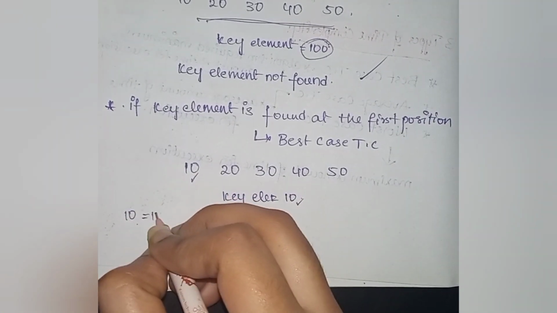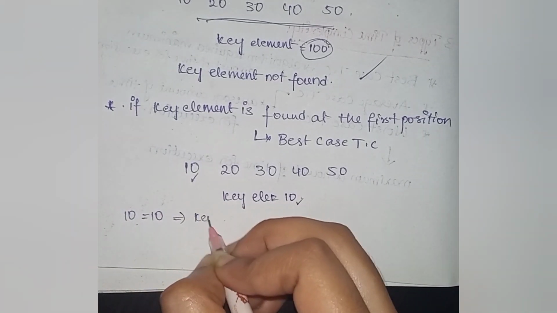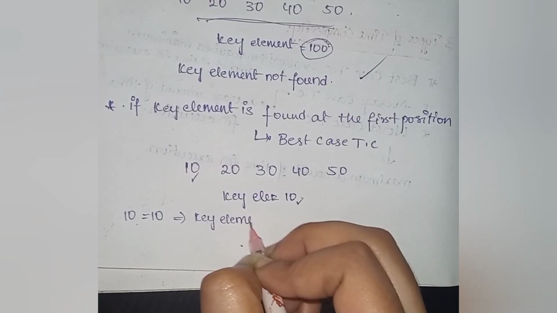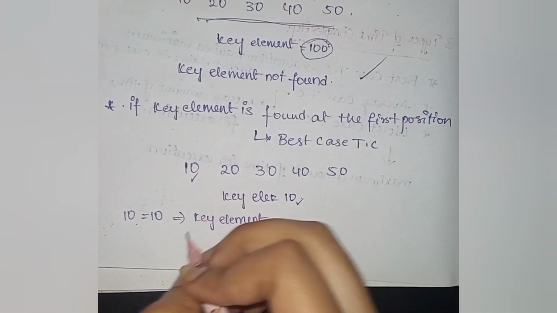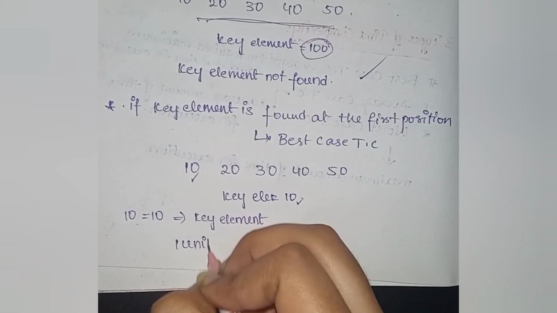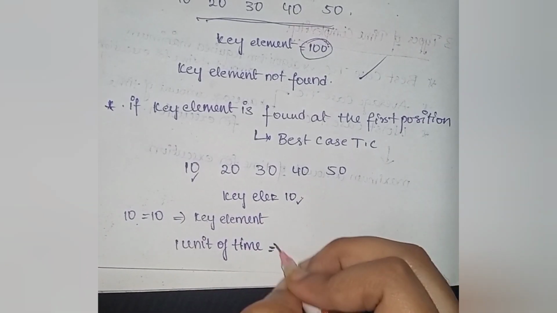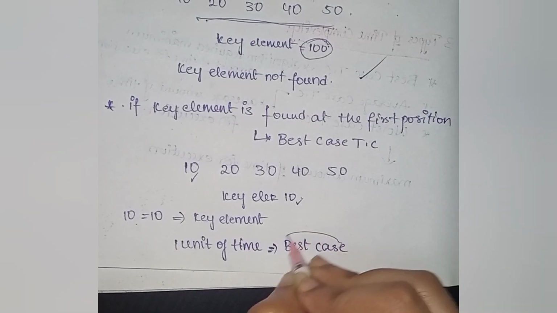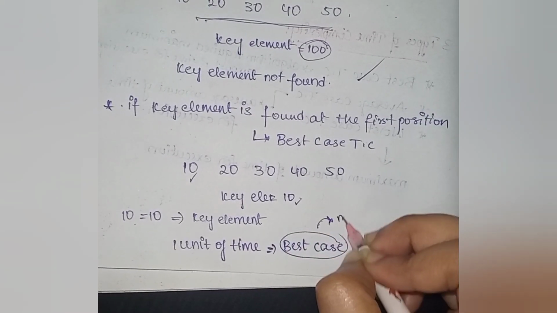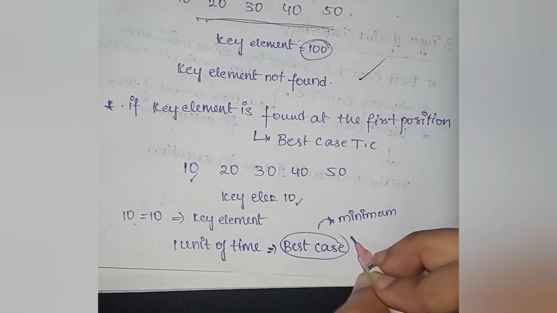So I'll compare it with my first element, and the key element is found. So the key element came in the first step itself, which is taking only 1 unit of time. So this takes only 1 unit of time. So this is called best case. Best case means which takes minimum amount of time during execution, right?